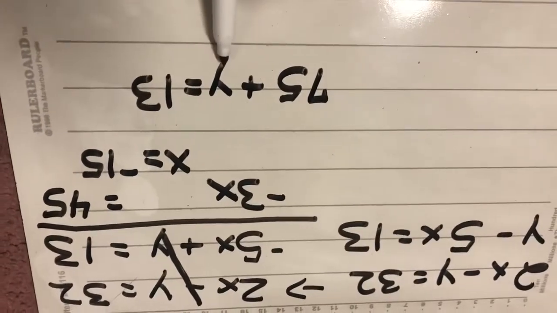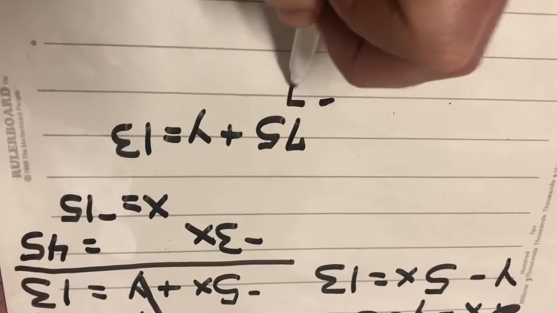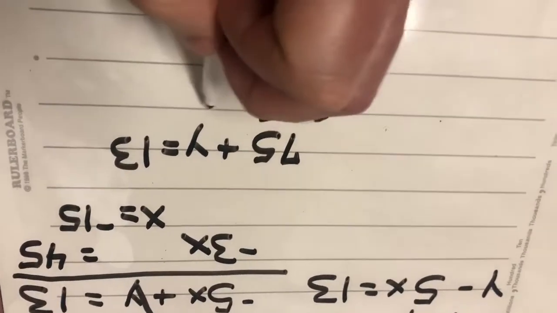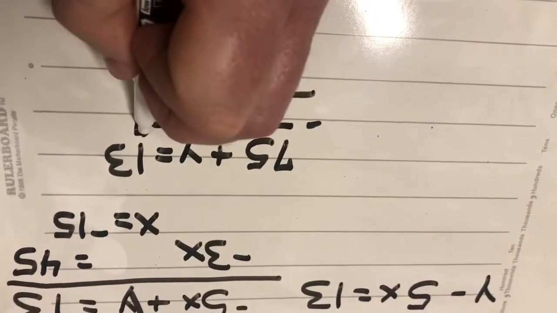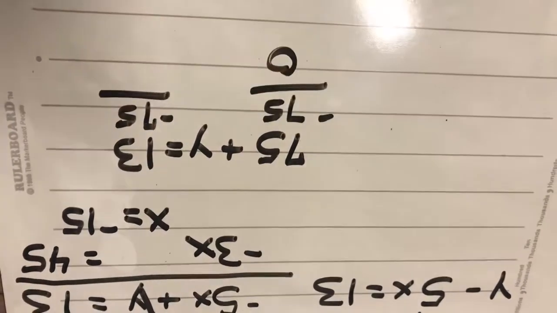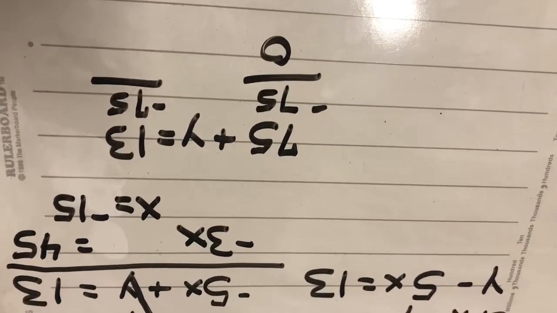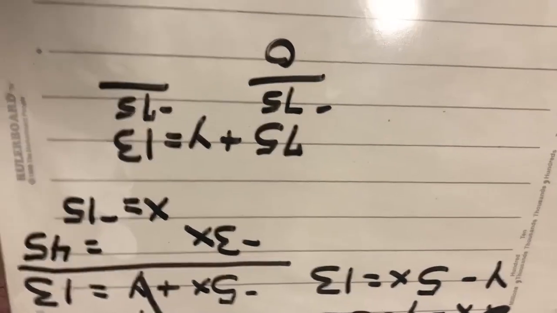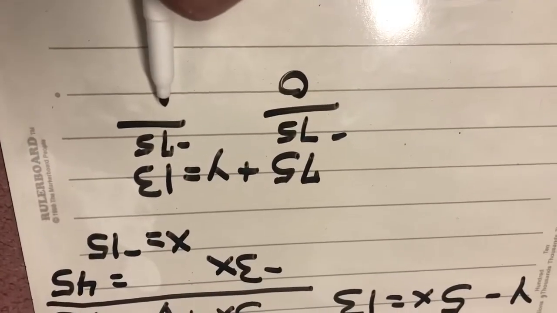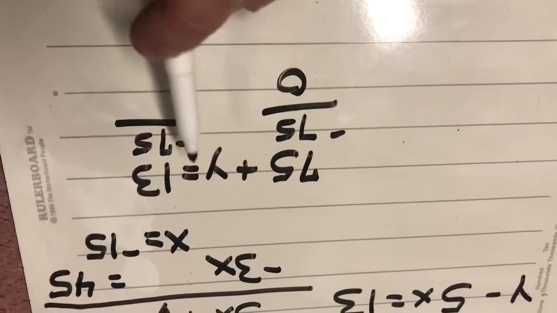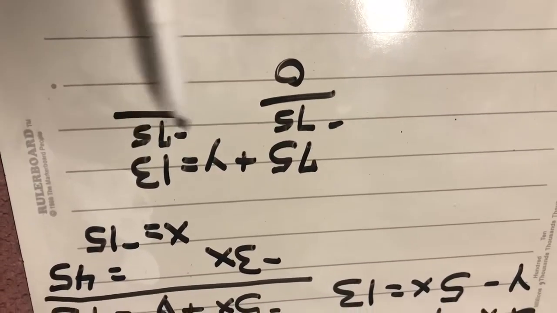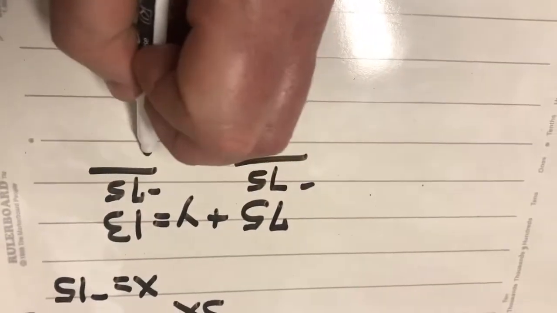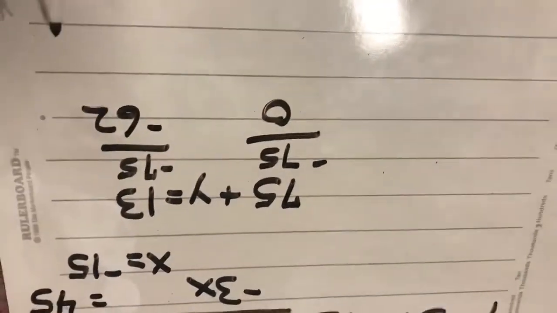Well, I want to get y by itself, so I'm just going to subtract 75 from both sides. And I would have gotten 13 minus 75. When I plug that in, obviously that's going to be a negative. 13 minus 75 is going to be a negative 62.